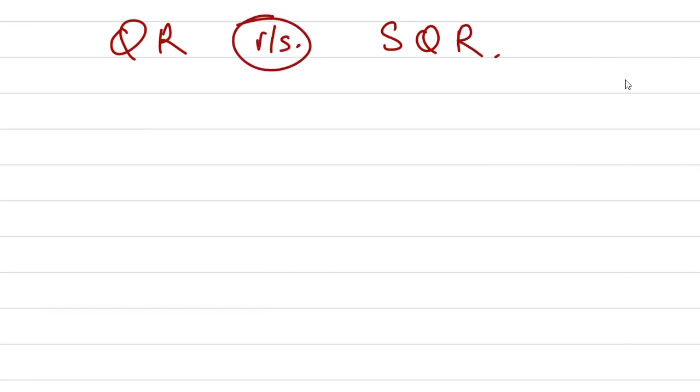The difference between quick ratio and super quick ratio. There is only a difference of debtors, my friend. How do you calculate the quick ratio?